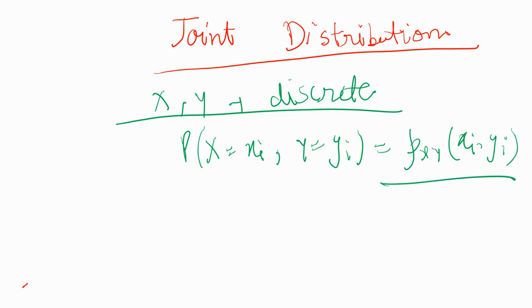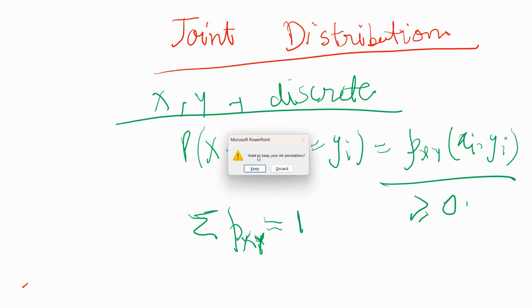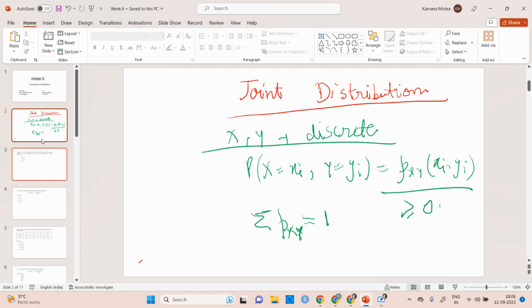Since this is a probability, it will always be greater than or equal to 0, and its summation will always be equal to 1, because of the probability axiom.